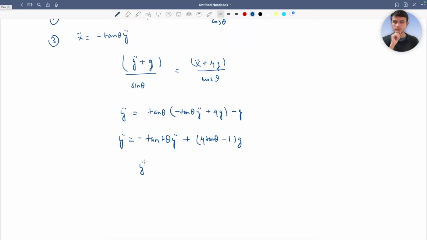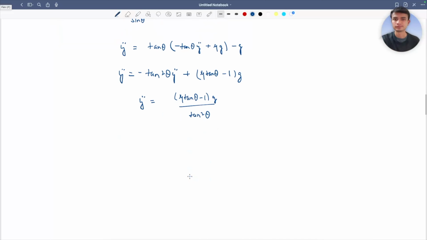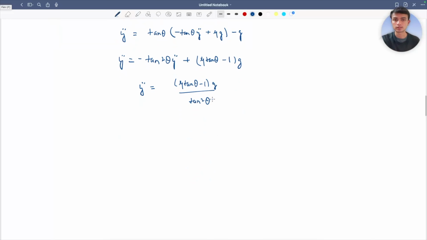And now this becomes y double dot equals (mu tan theta minus 1) times g divided by tan square theta plus 1. This is it. So this is my one equation.